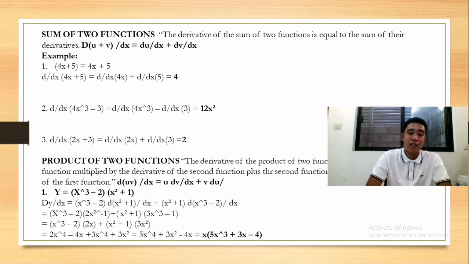Simplifying the final answer, it will be x(5x cubed plus 3x minus 4).